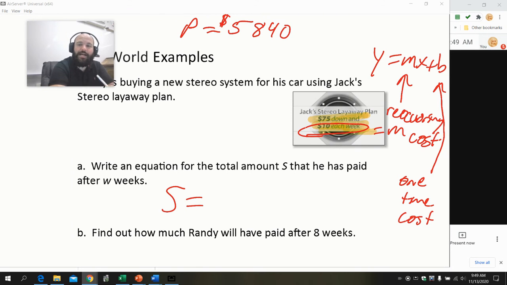So M is going to be the cost that we see or we have to pay over and over again. B is one time. And so as I look through here, this $75 down, that's a one-time payment. So that is going to be my B. The $10 is going to be my each week. That's the reoccurring cost. So that right there tells us what we need to know. So the equation is going to be S equals 10W plus 75.